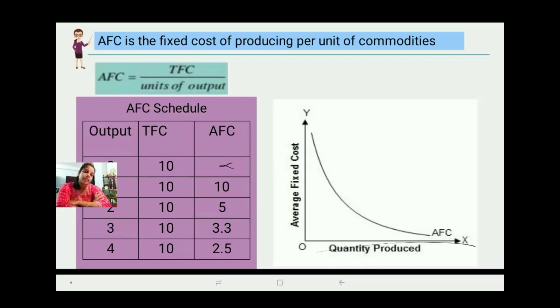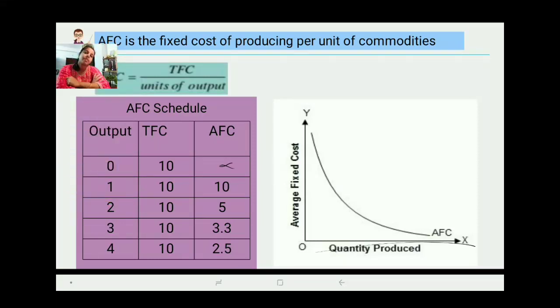As you see, average fixed cost is decreasing as we increase the level of output. When we increase output from 0 to 4, average fixed cost is decreasing. The starting point is infinity, so we don't know where it starts. Then 10, 5, 3.3, 2.5. That is why the curve is like that.